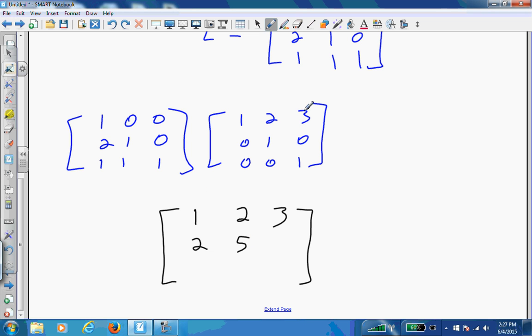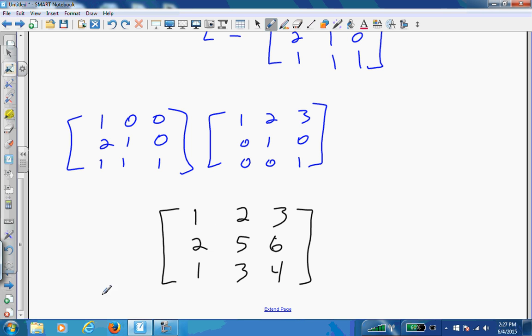Row and column, so 6, 0, 0. Row and column, so 1, 0, 0 is 1. 2, 1 is 3 and 0. 3, 0, 1 is 4.